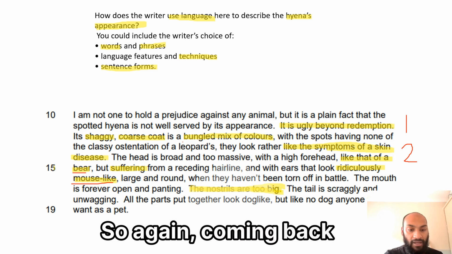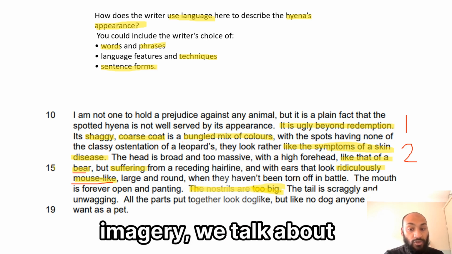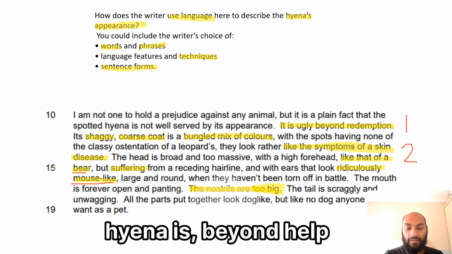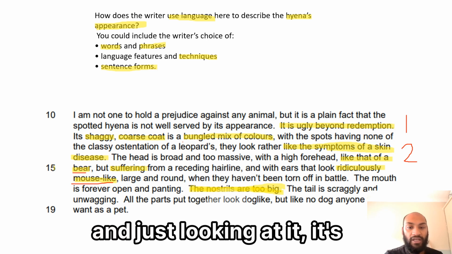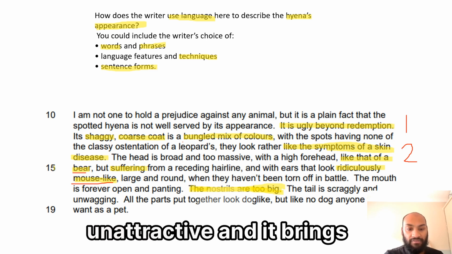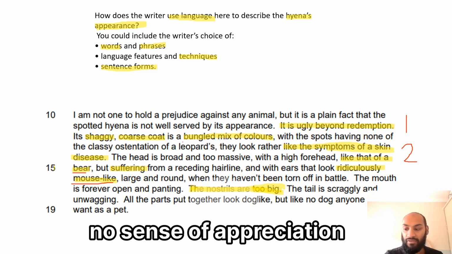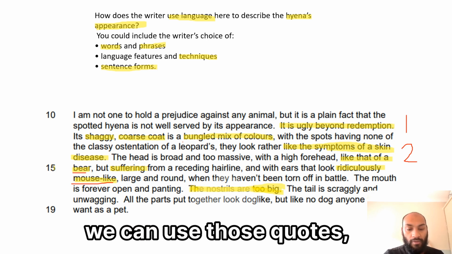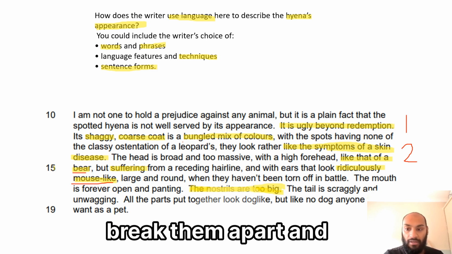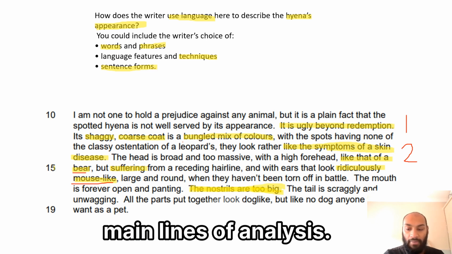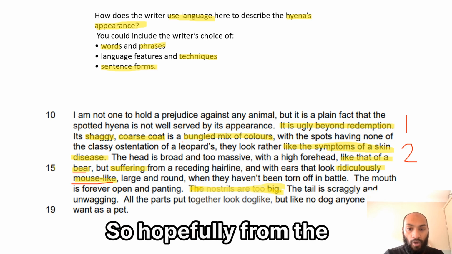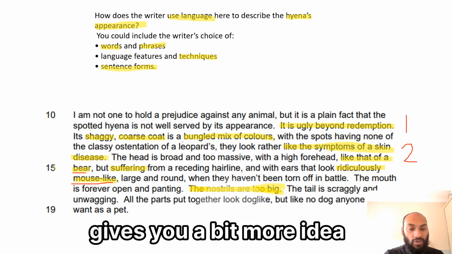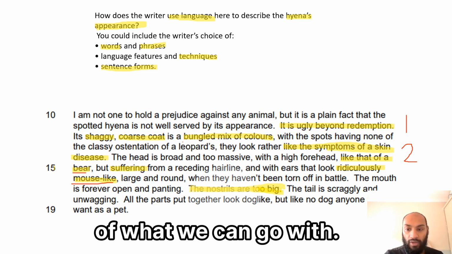So again, coming back to the point, the animal imagery, we talk about the effect of it, how this hyena is beyond help. And just looking at it, it's unattractive and it brings no sense of appreciation from the writer. We can use those quotes, break them apart, and develop them into our main lines of analysis. So hopefully the discussion of connotations gives you a bit more idea of what we can go with.